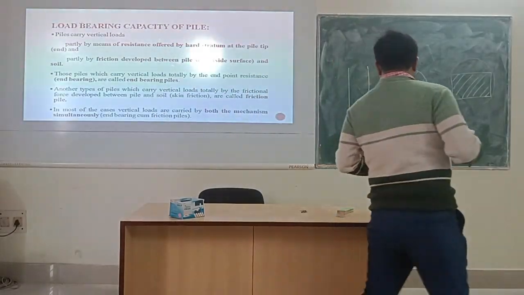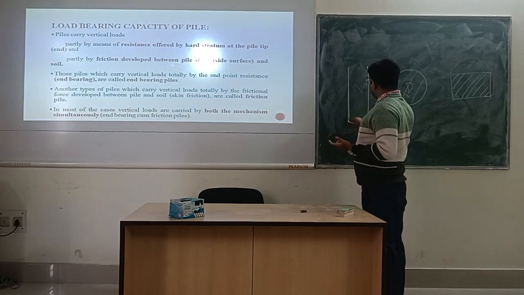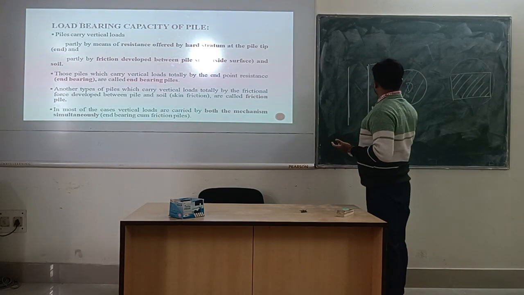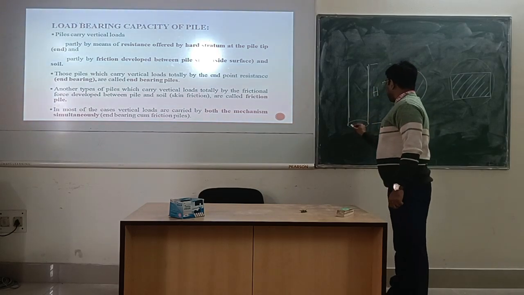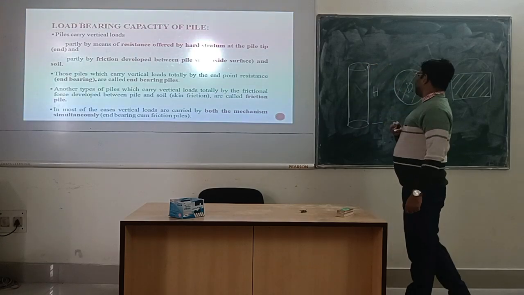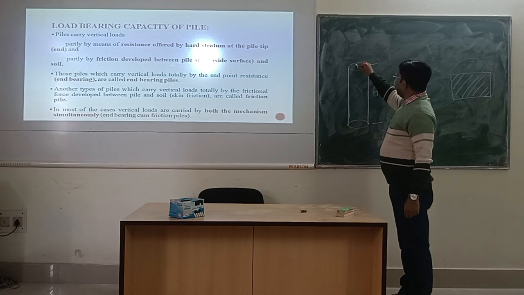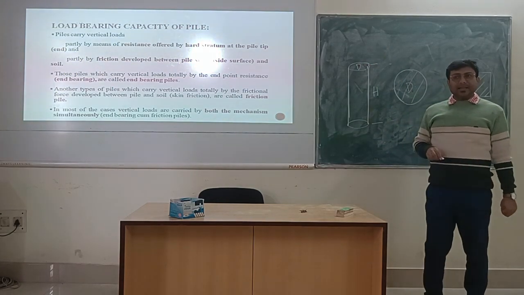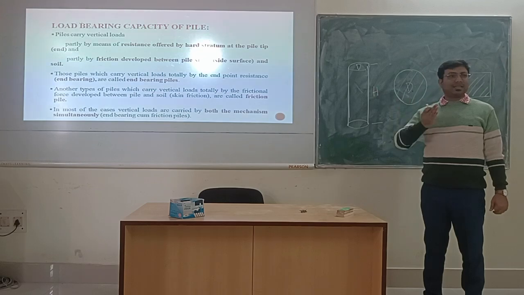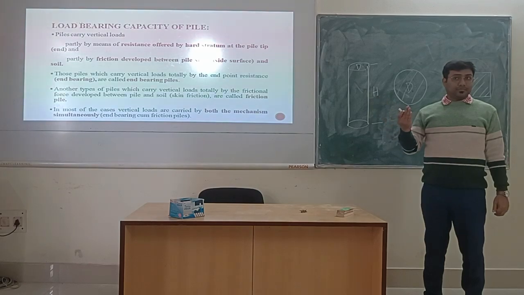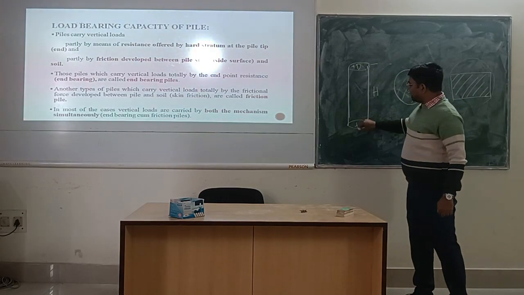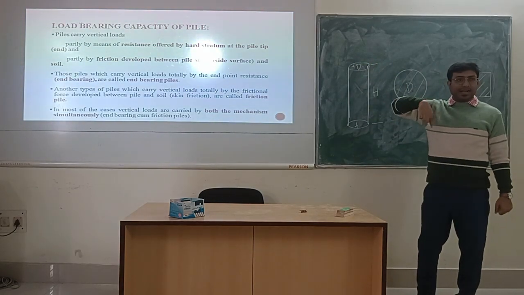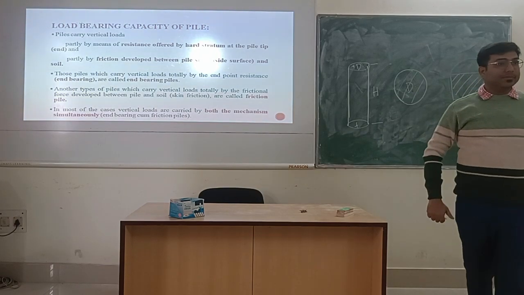Okay, so if a slender member of length maybe H and top diameter D maybe, then I think we can calculate the surface area of this slender member, only the curved surface, not this or this, only the curved surface, which is called the shaft of the pile.